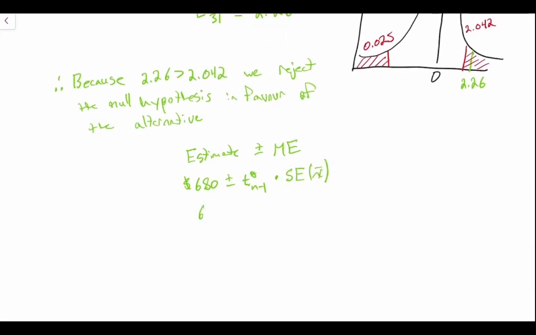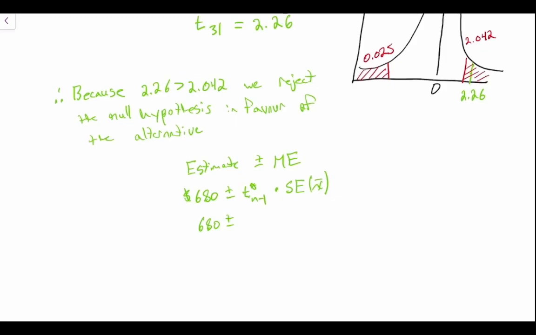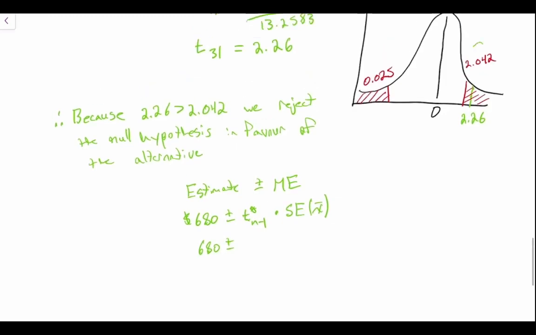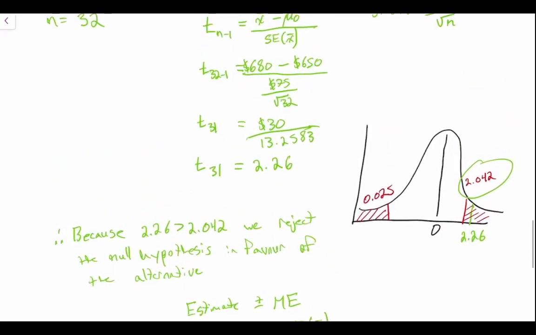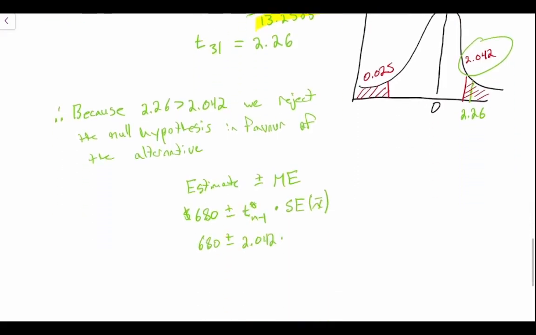So this is $680 plus or minus, well, we've already calculated our critical T value at approximately n minus 1. So this value right here, 2.042 times the standard error of x bar, which we've already calculated in the previous part of the question, 13.2583.